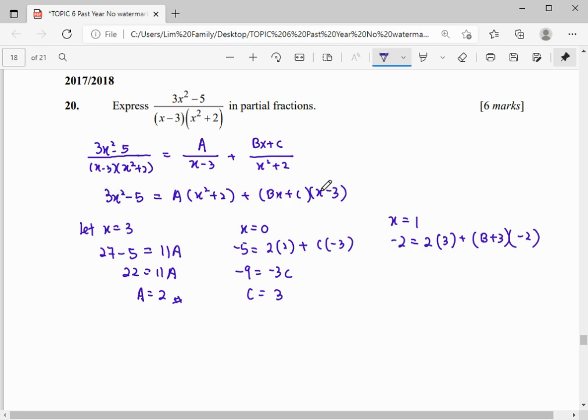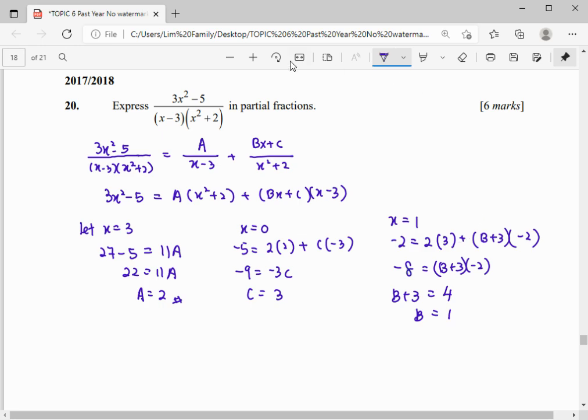Then we get 6, move it over, and it becomes negative 8. We divide by negative 2, so B plus 3 equals 4, and B equals 1.